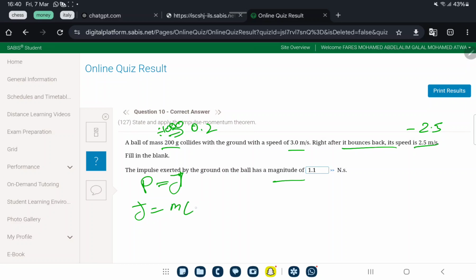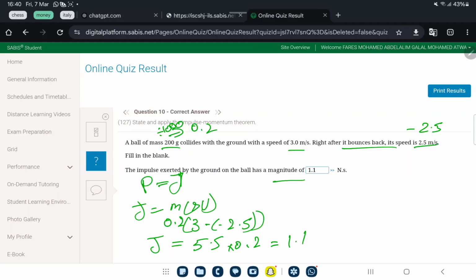There's the equation mass times delta v is momentum, so delta v is 3 minus minus 2.5, so 5.5. We're gonna call it x equals J. Sorry, the mass is 0.2, so times 0.2 you get 1.1.